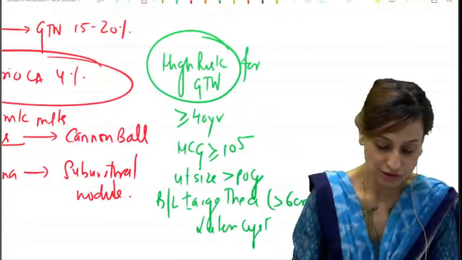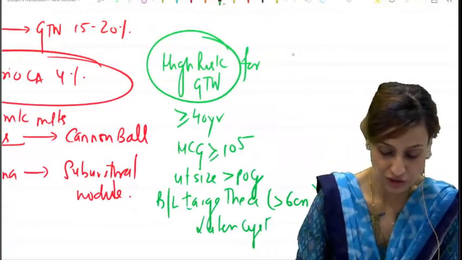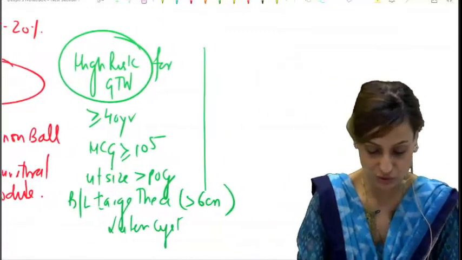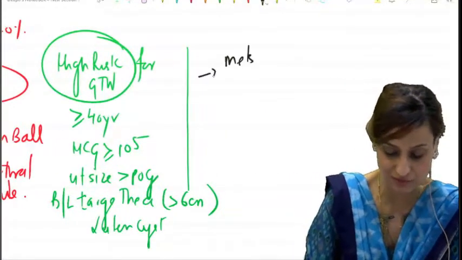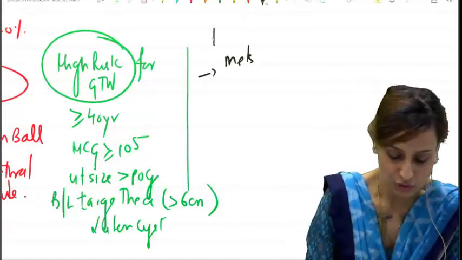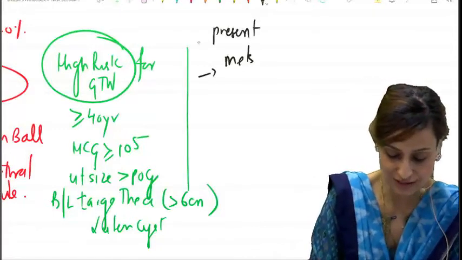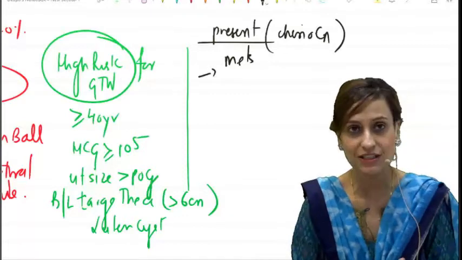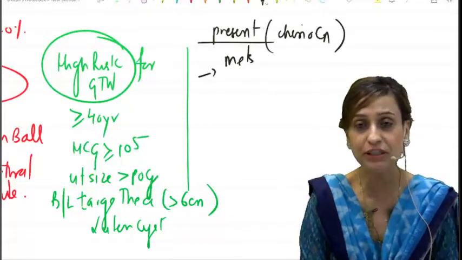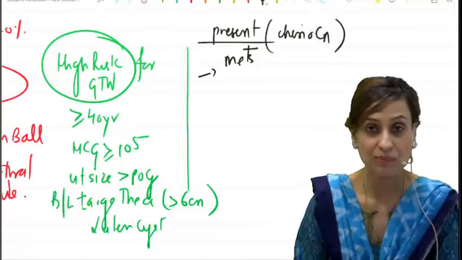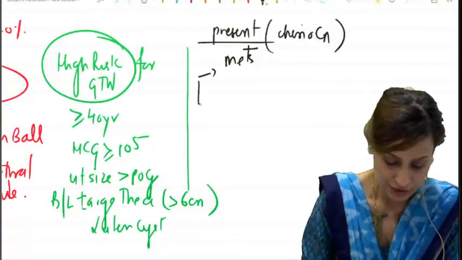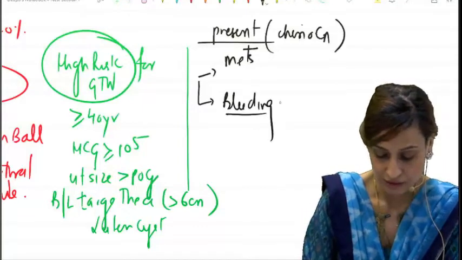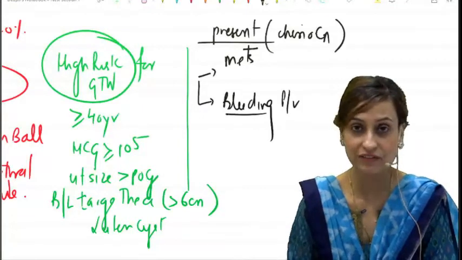Now, apart from this, you should know that if they do convert into GTN, they can present in multiple ways. So one of which was metastasis, and we've already discussed that. How else can a woman present if you typically talk about choriocarcinoma? She may present with metastasis. She may present with continued bleeding even after suction and evacuation.